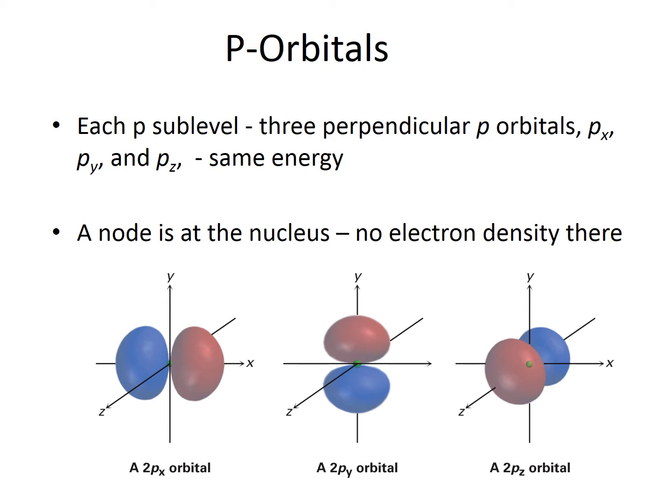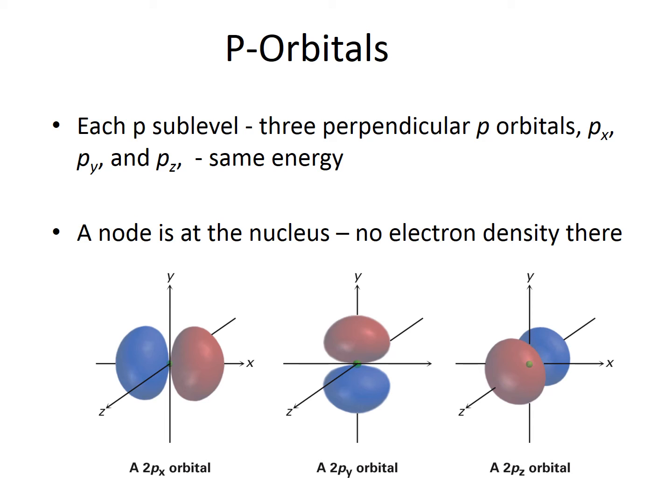The p orbitals are real important in organic chemistry because the overlap of the p orbitals gives rise to pi bonds, and those pi bonds make up many of our functional groups. So a p sublevel has 3 p orbitals in it, and they're what we call degenerate in energy, meaning they have the same energy, they just point in different directions.